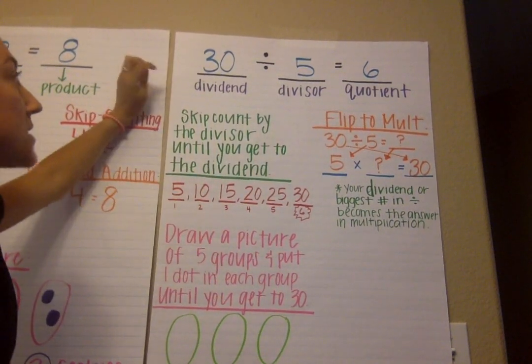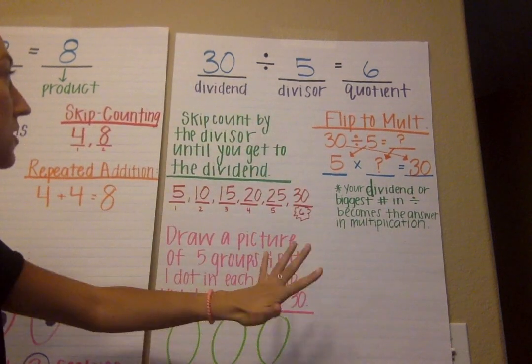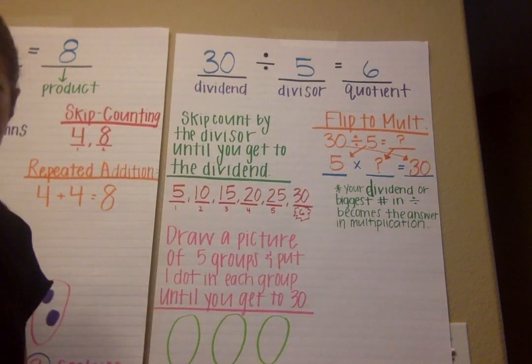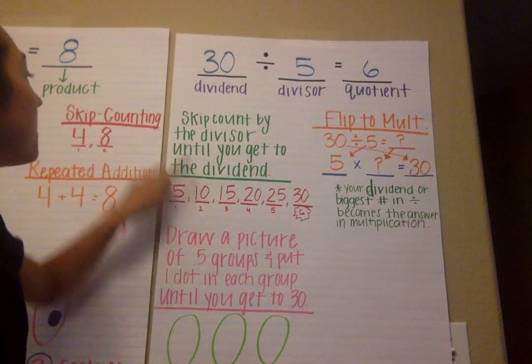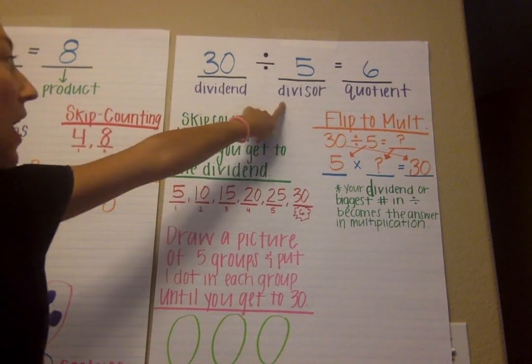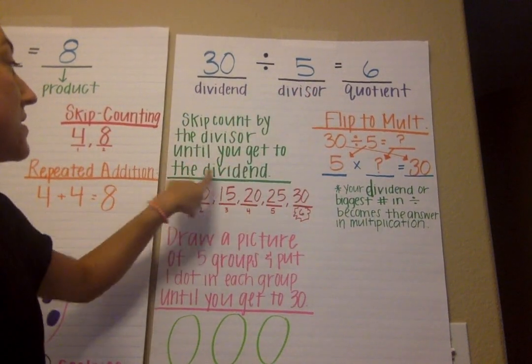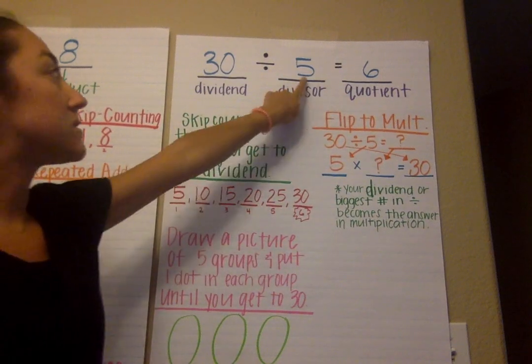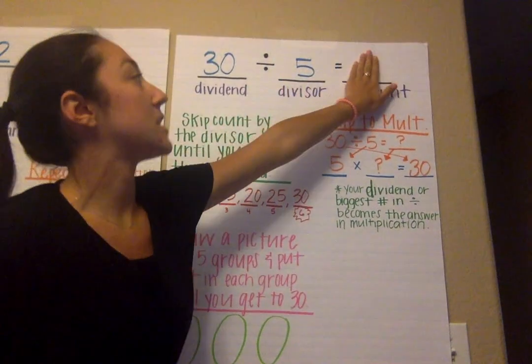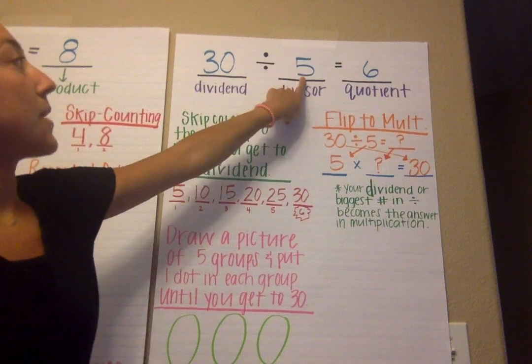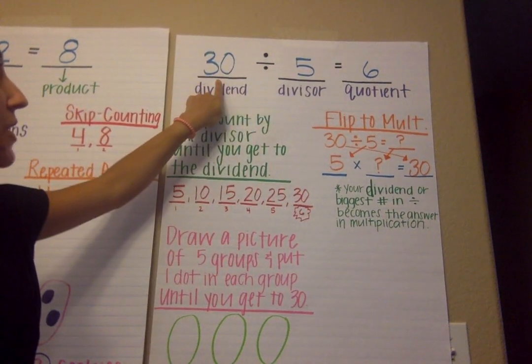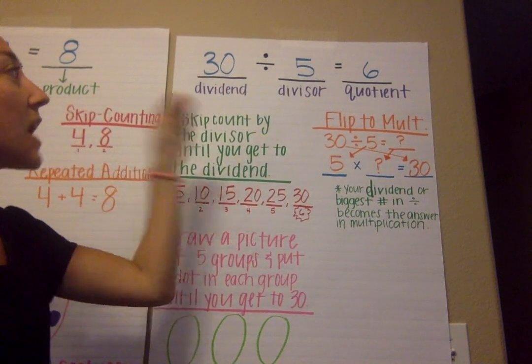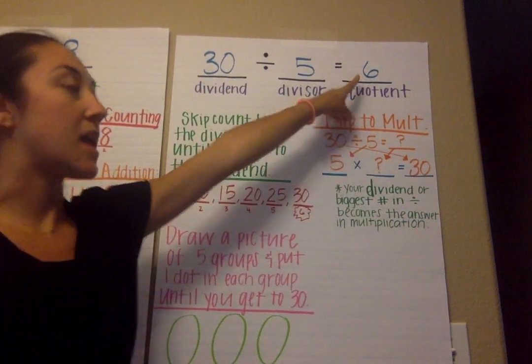So there's a few ways that we can solve a division problem if you do not have your facts memorized. The first one is to skip count by the divisor until you get to the dividend. So that means that I can skip count by 5. If I didn't know this answer was 6, I could skip count by 5 until I get to 30, and then how many times I skip counted would be my answer.